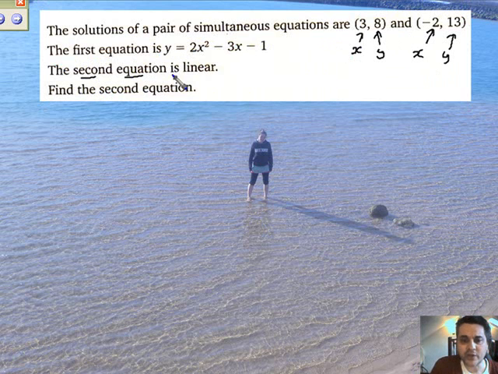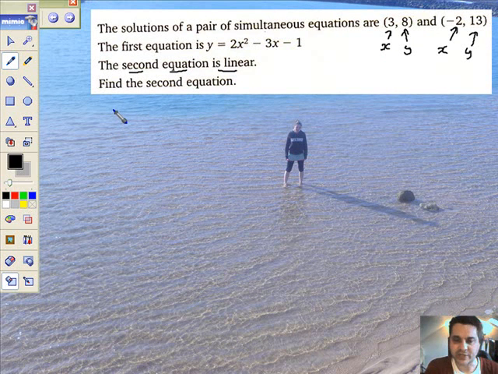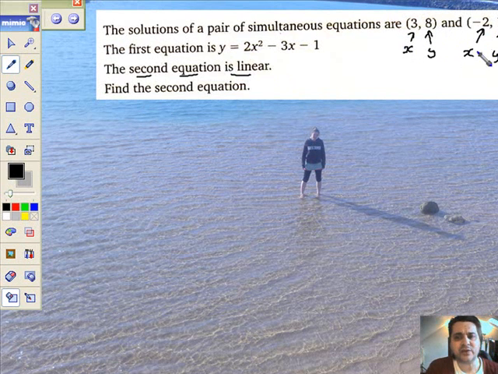Now, if the other equation is linear, we can treat it as a y equals mx plus c arrangement, and we can merely use these 2 sets of values for the x and the y as coordinates. If I use them as coordinates, I can work out gradient and intercept, and in so doing find the equation of the remaining linear equation that matched this equation here to get these answers.